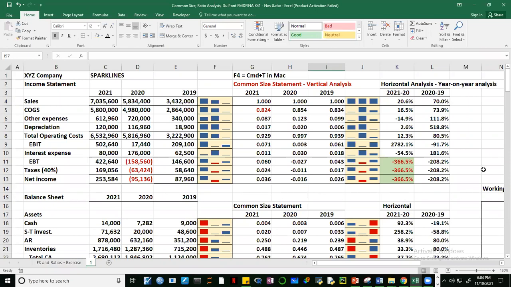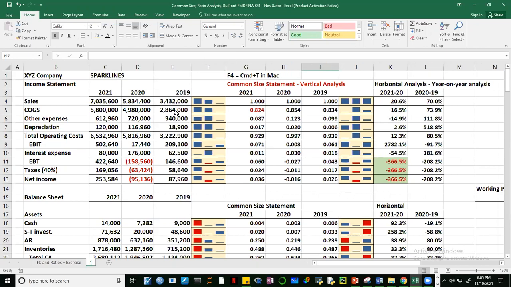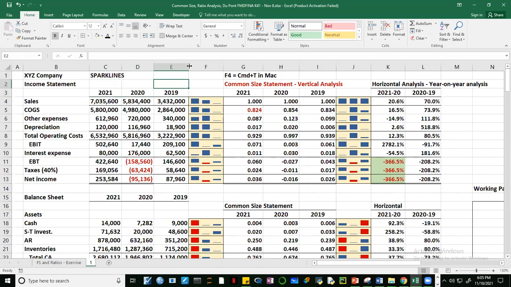We do not compute this common size statement or horizontal analysis or year-on-year analysis just for the sake of computation. The reason why we compute these measures, these metrics, is that we would want to better understand or appreciate the performance of the firm and use it to come up with strategies or policies that will better improve the performance of the firm, that will better maximize the shareholder value.